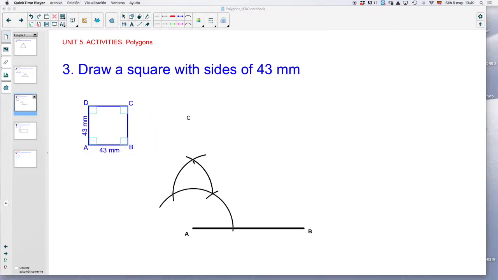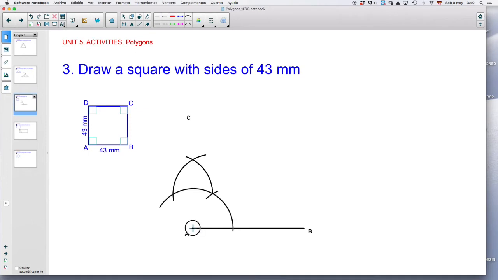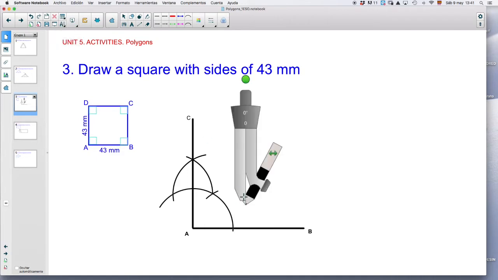Connect the point where the arcs intersect with vertex A using the ruler. Somewhere on this line we will have the vertex exactly at a distance 43 millimeters. This is something we calculate with the compass.